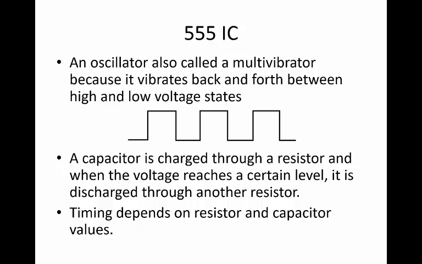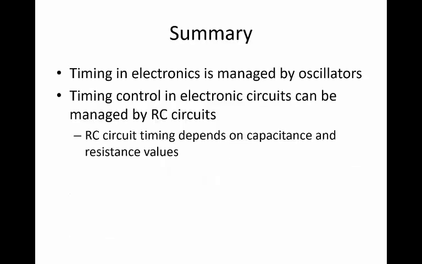It's really an oscillator circuit, but it's also called a multi-vibrator because it vibrates back and forth between high and low voltage states. A capacitor is charged through a resistor, and when the voltage reaches a certain level, it discharges through another resistor. So the timing really depends on the resistor and capacitor values. And that's all I'm going to say about 555s for now. They'll be the subject of another lesson later on.